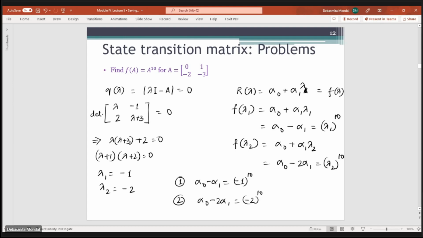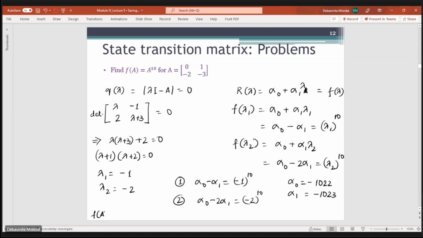Right? So you can simply solve these two equations and find the values of alpha 0 and alpha 1. I am just writing the final answers. So alpha 0 is minus 1022 and alpha 1 is equal to minus 1023. Once you have found the value of alpha 0 and alpha 1, you can simply find the value of F(A).